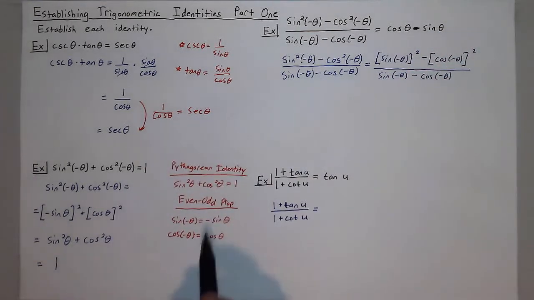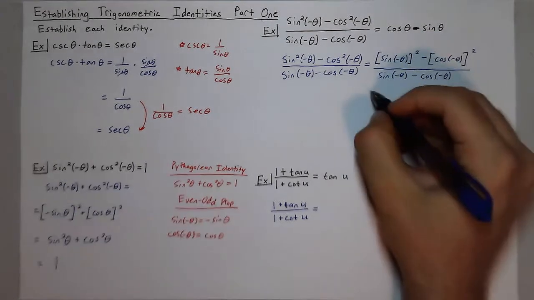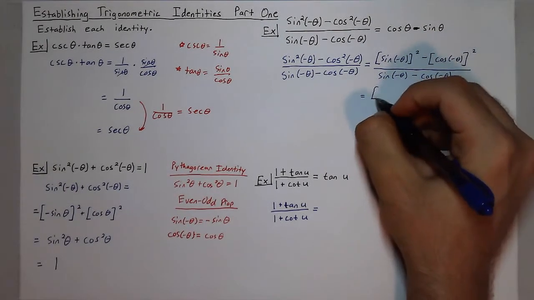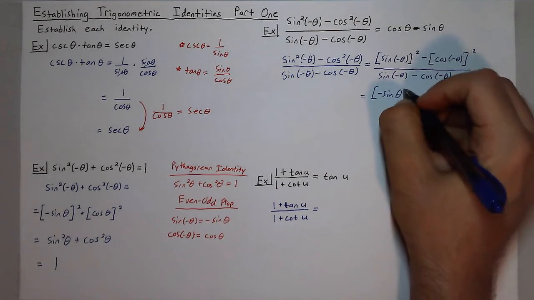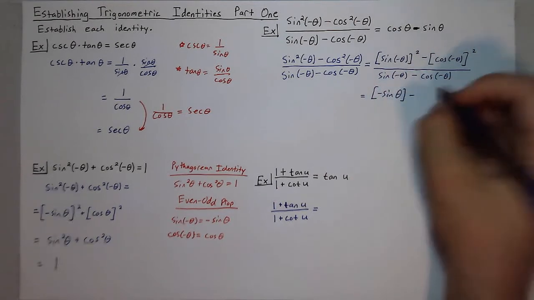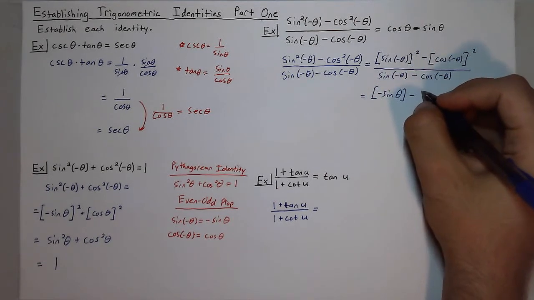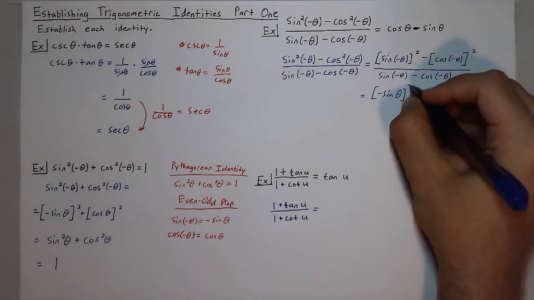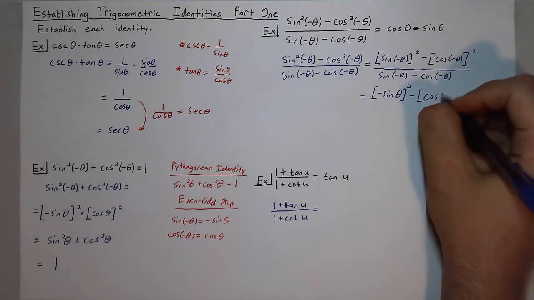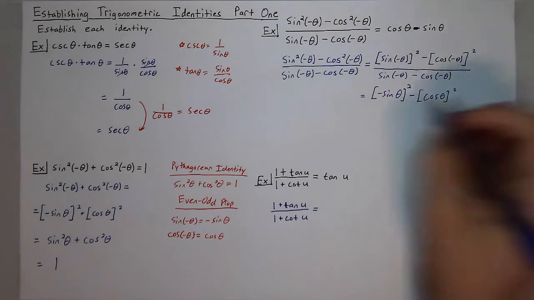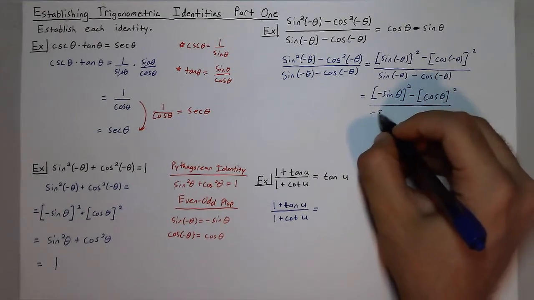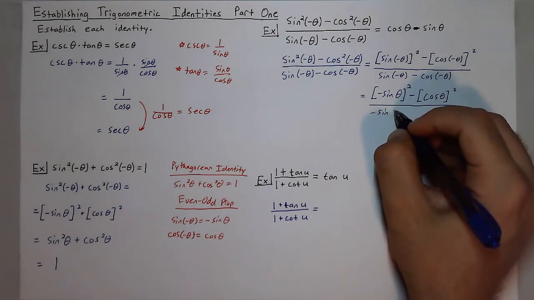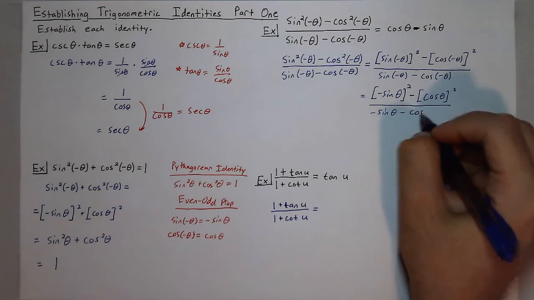Now using these even odd properties, I can rewrite this as negative sine of theta squared minus cosine of theta squared all over negative sine of theta minus cosine of theta.